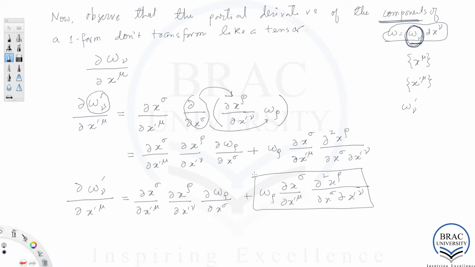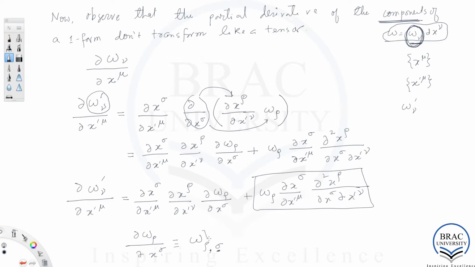And the presence of this second, problematic term confirms that this partial derivative of the component of a one form, which we denote by ω_ρ,σ, so this is contributed from the partial derivative, this index, and we put a comma before that.